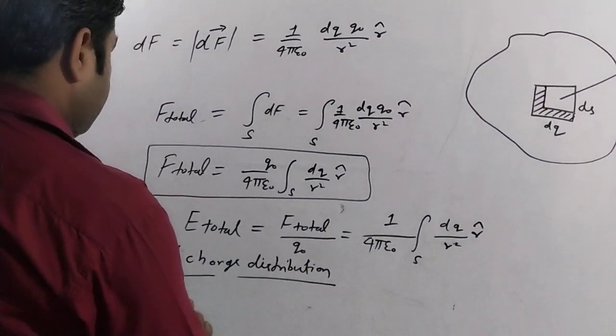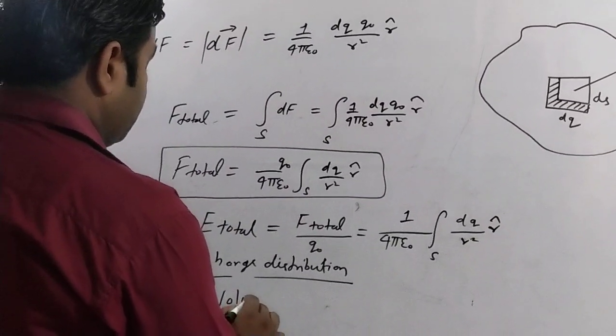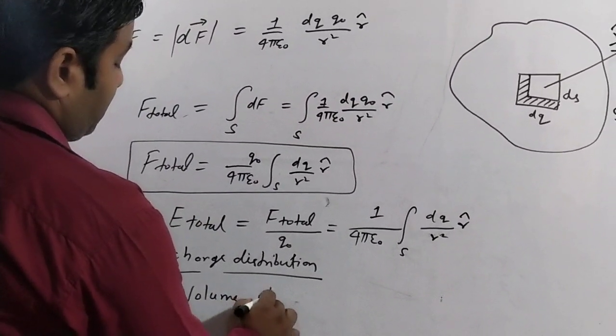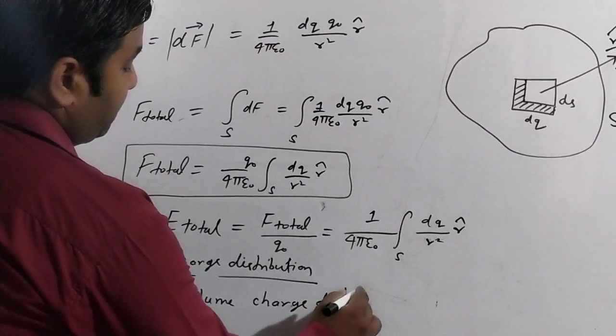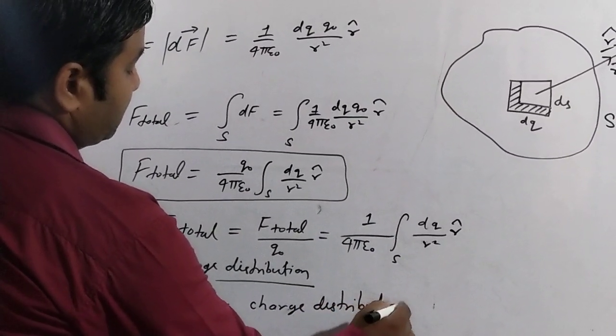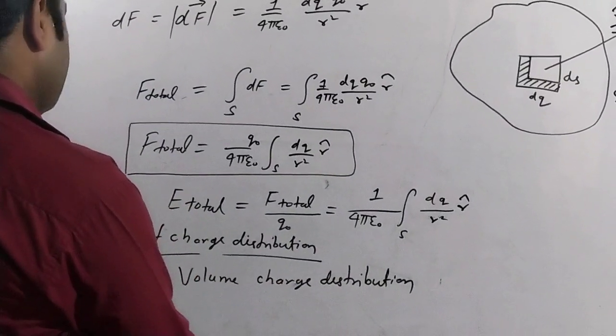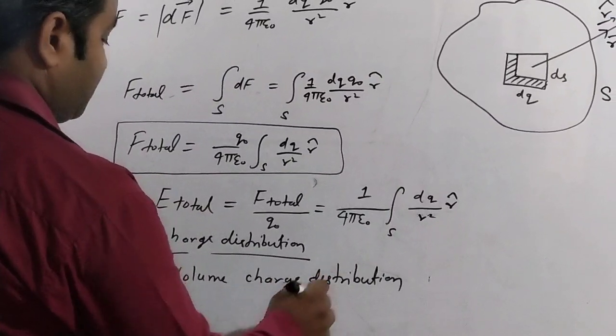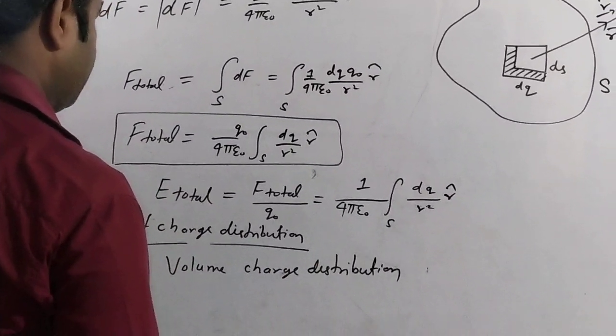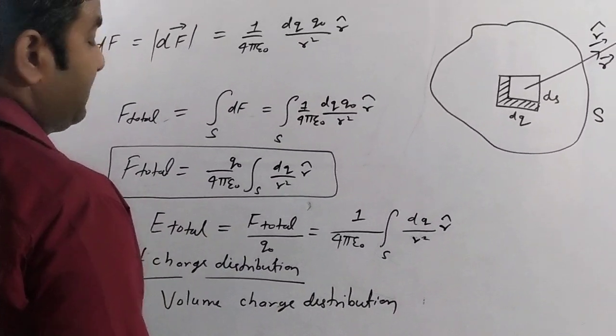Number first, volume charge distribution. Number second, surface charge distribution, and in terms of distribution here we have to calculate what? Density.